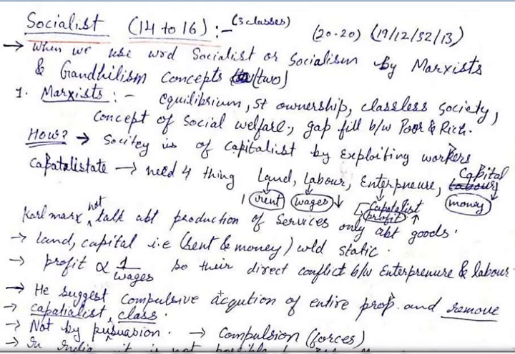Now, what is the concept of Marxist Socialism? Marxist Socialism talks about a classless society, then it talks about the reduction of the gap between the rich and poor, then it talks about the concept of social welfare, that is, the welfare of the society at large.